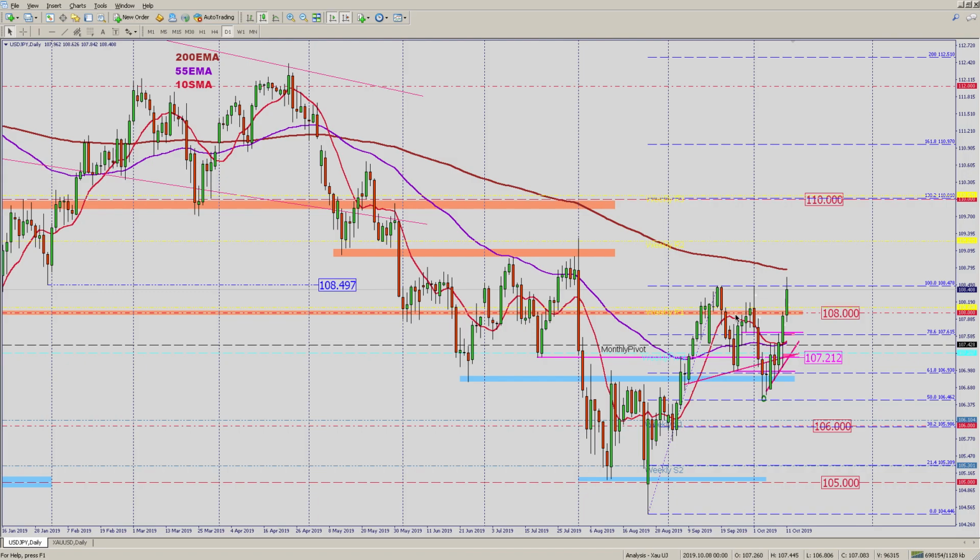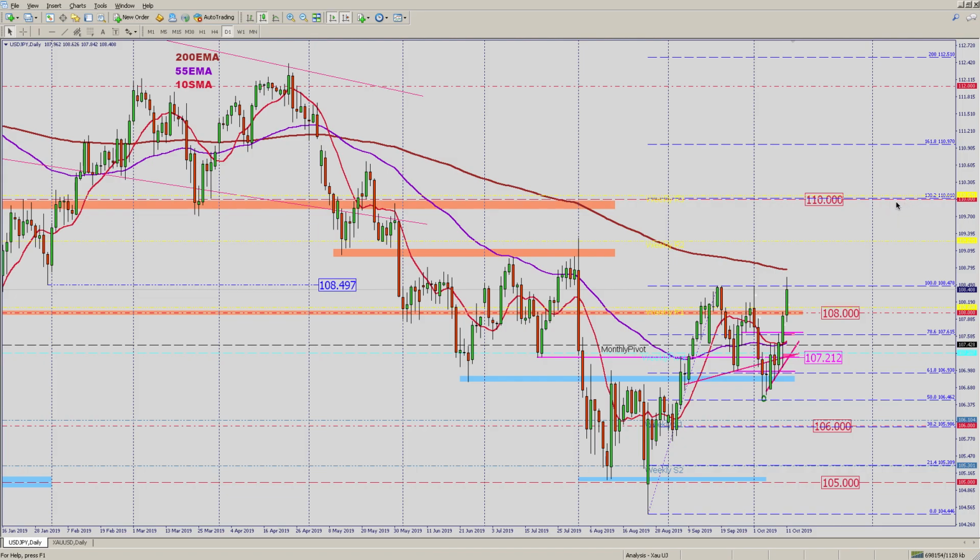Now going back to the Fibonacci bullish continuation setup, if it continues further, then in the longer term it could be looking to target the 110 level at the 138 fib extension.